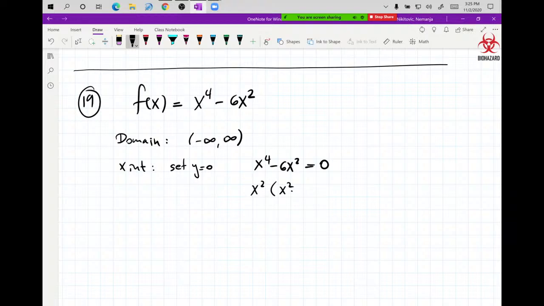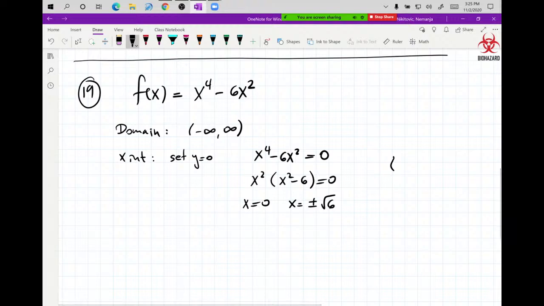Then you get x squared minus 6, and you get x equals 0 and x equals plus or minus root 6 as answers. So we already have three points that the graph goes through: (0, 0), (root 6, 0), and (negative root 6, 0).